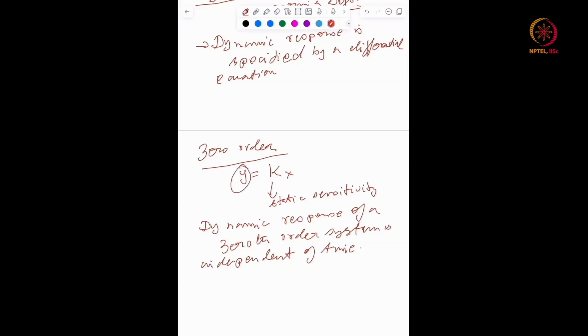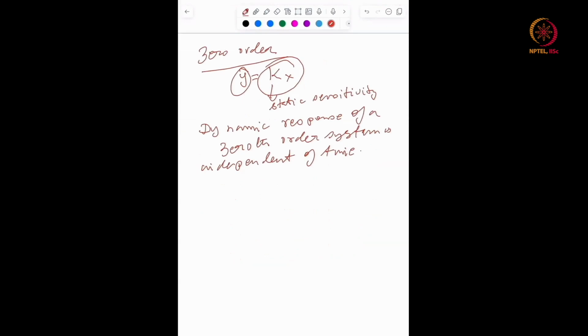Okay? So output and input remain proportional to each other. Okay? Examples of these zeroth order systems are electric resistors, elastic spring. Okay? So these are examples of zeroth order systems.